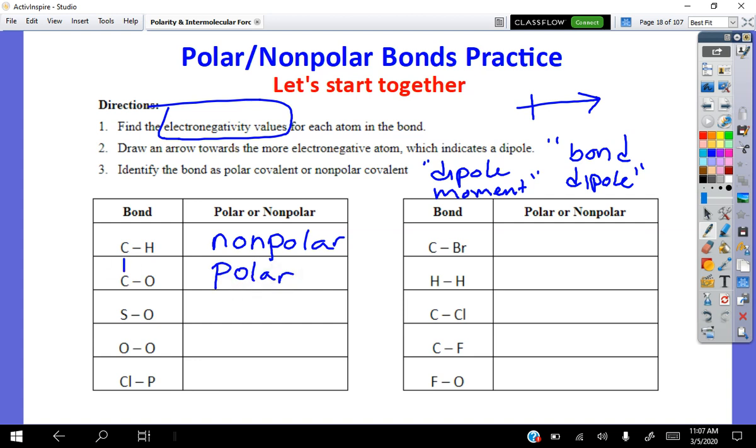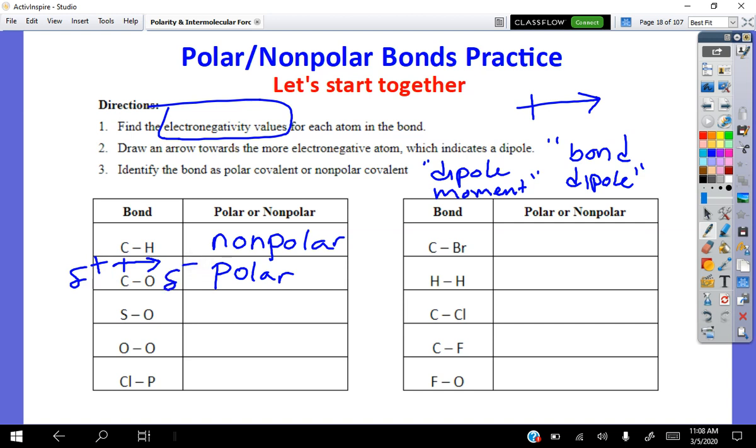And then when I draw my arrow, I know that carbon's less electronegative. It had a value of 2.5. And oxygen is more electronegative, so it's got a value of 3.5. When I draw my arrow, I draw it just above there. The arrow points towards O because it is more electronegative. The carbon is less electronegative and gets the tail side of the arrow.